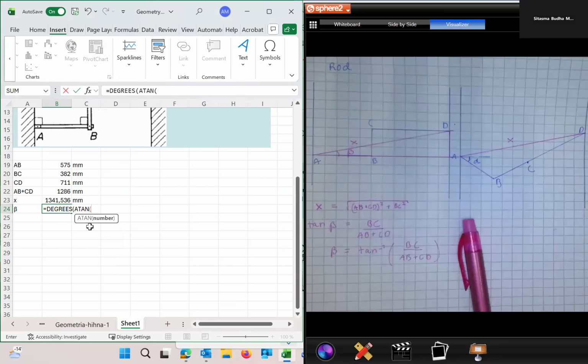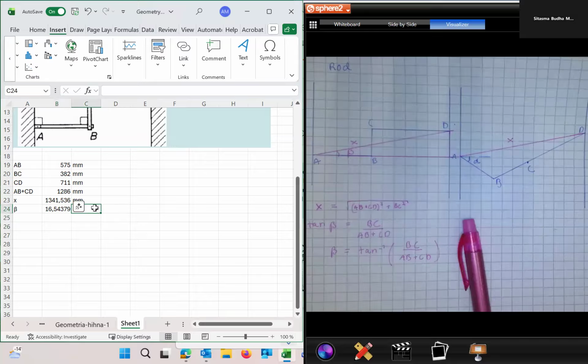And now I can put BC divided by AB plus CD. Okay, that is a reasonable number, yeah.